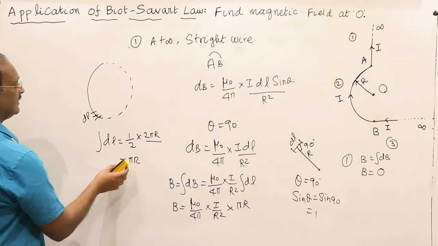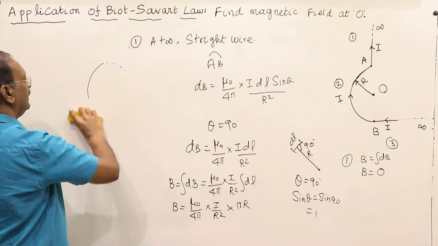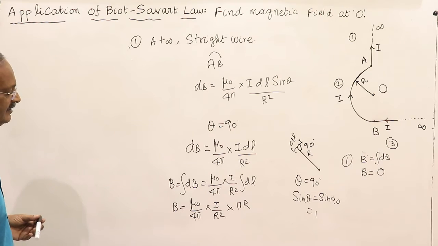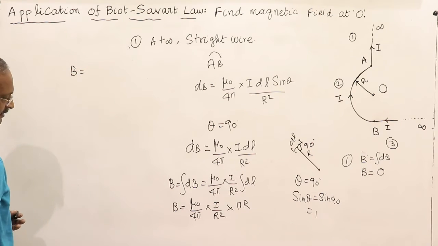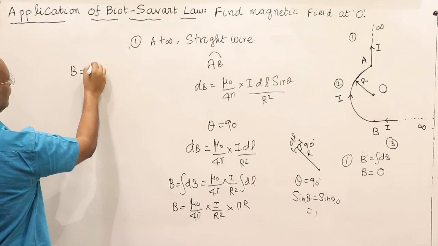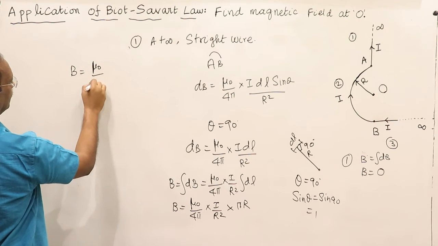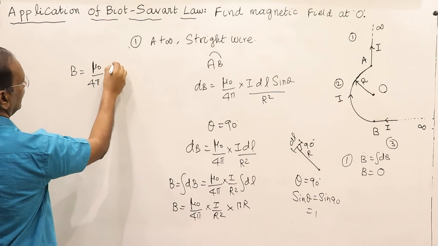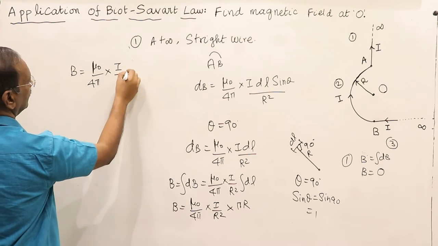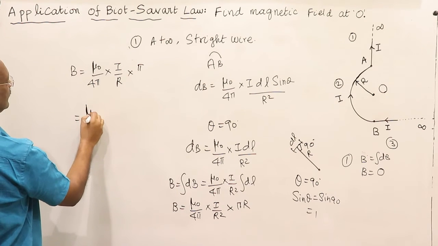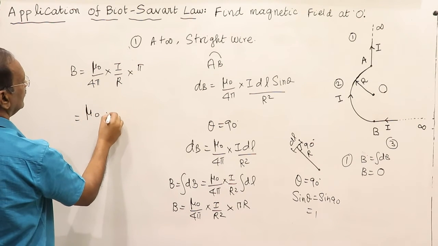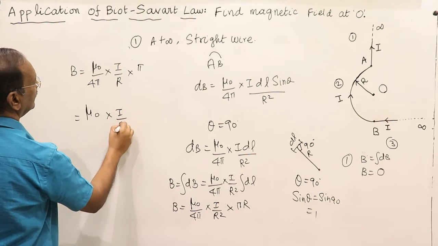Therefore this equation can be modified into the standard form. What is the standard form? For any circular portion, B is equal to mu naught by 4 pi into I divided by r into pi, or mu naught into I divided by r.